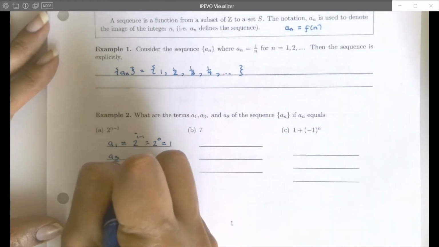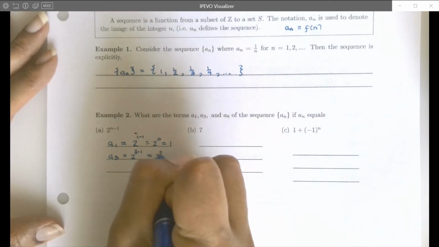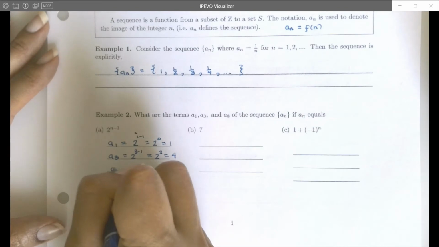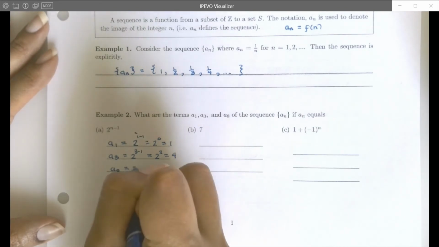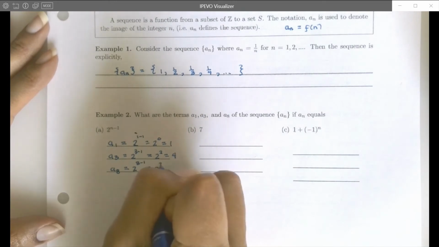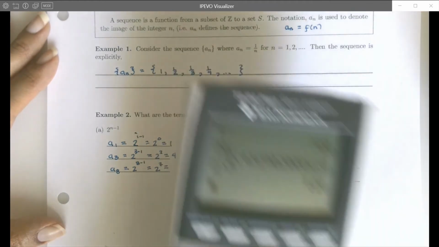A sub 3 is going to be 2 to the 3 minus 1, which is 2 squared, and that gives us 4. And finally, a sub 8, that's 2 to the 8 minus 1, which is 2 to the 7th. And 2 to the 7th is going to give us 128.